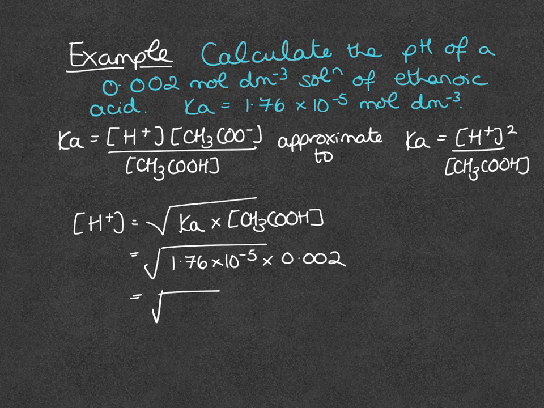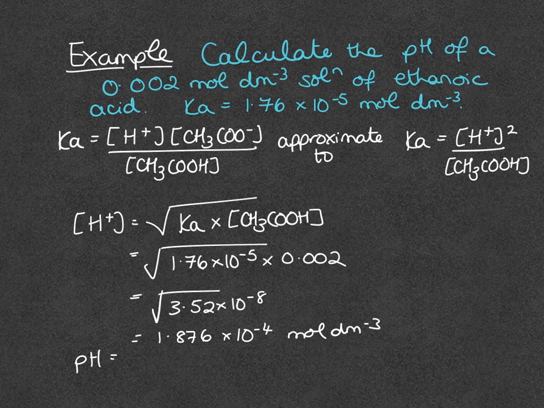I know you have a tendency to just bung them all in your calculator and cross your fingers and hope for the best, but I'll do it out in all the steps. And let's just square root that answer. And that's given us 1.876 times 10 to the minus 4 moles per dm cubed.